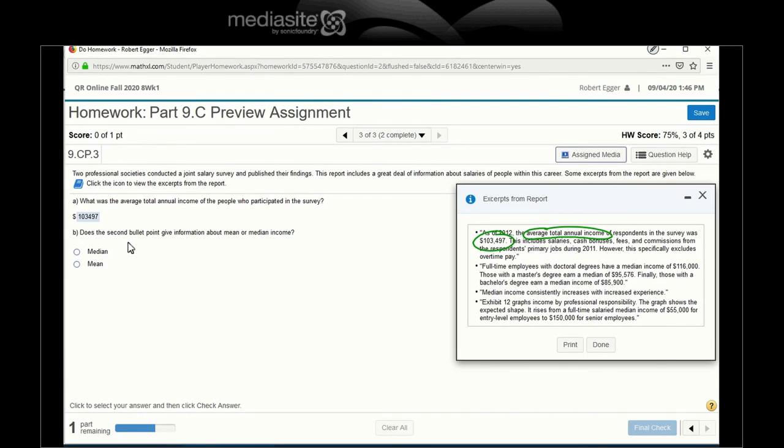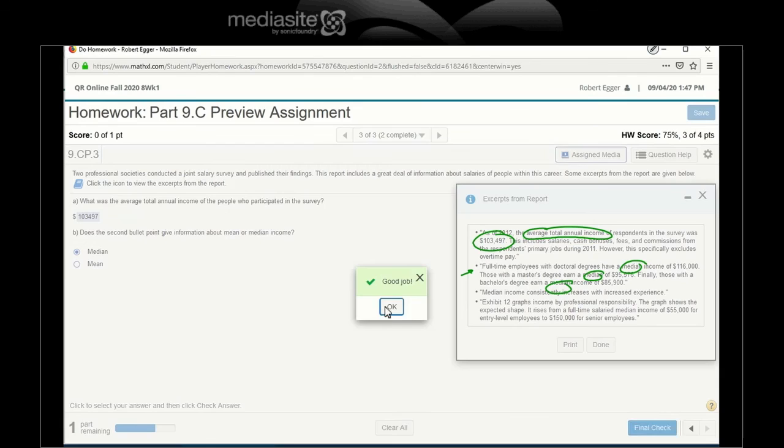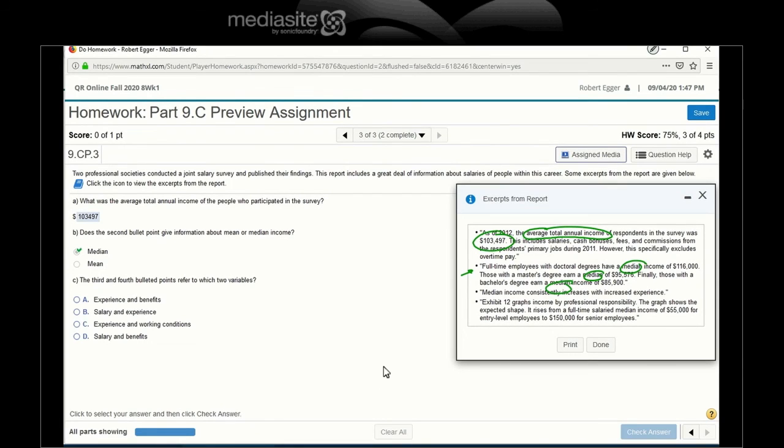Does the second bullet give information about mean or median? Second bullet. Median, then we go to master's degree, median, bachelor's degree, median. There's the median income they're talking about. And what does the third and fourth bullet talk about?